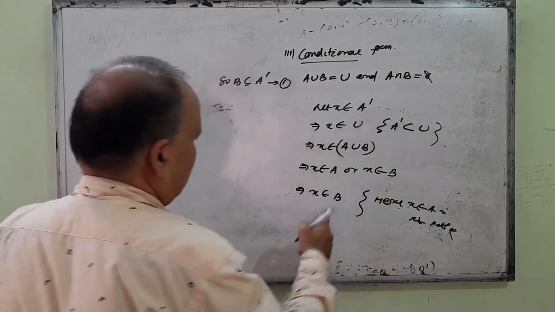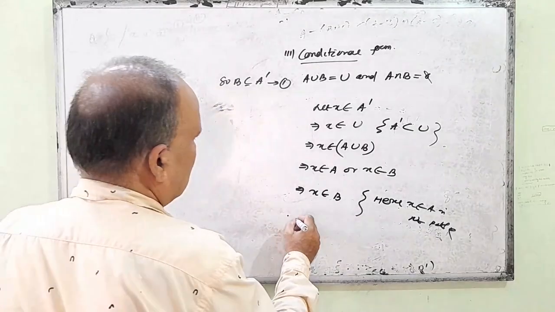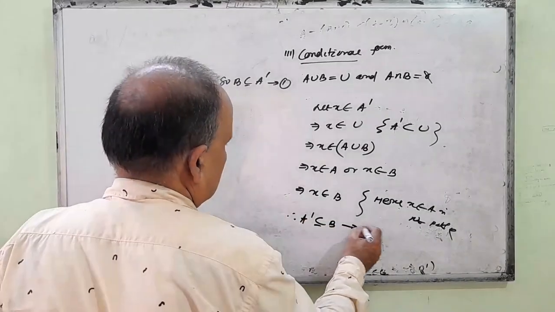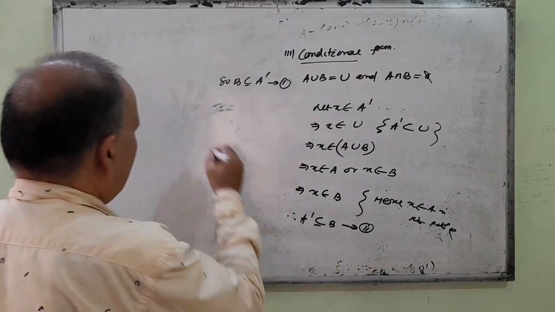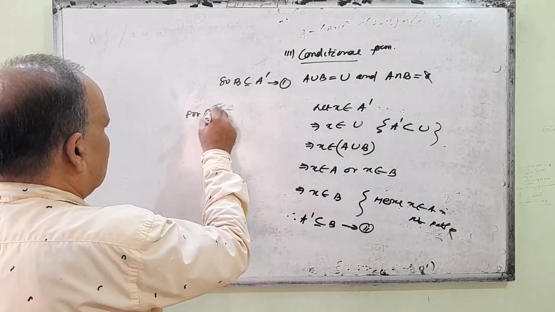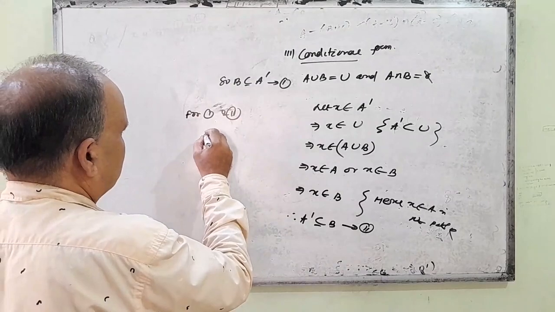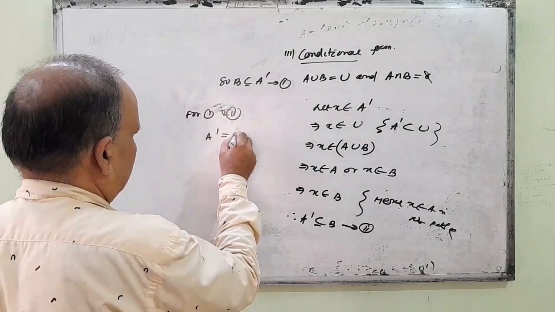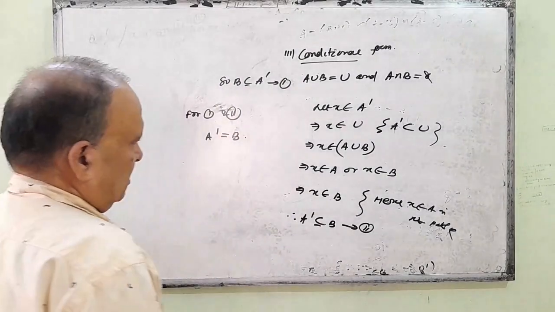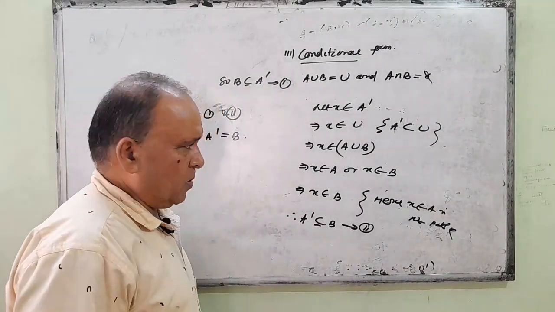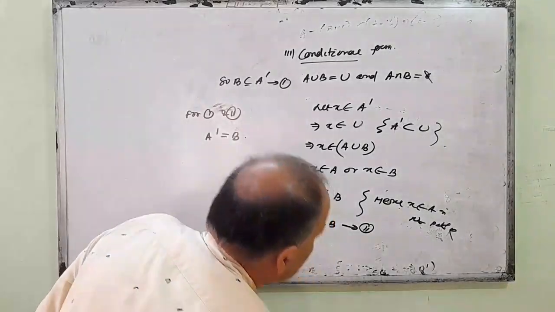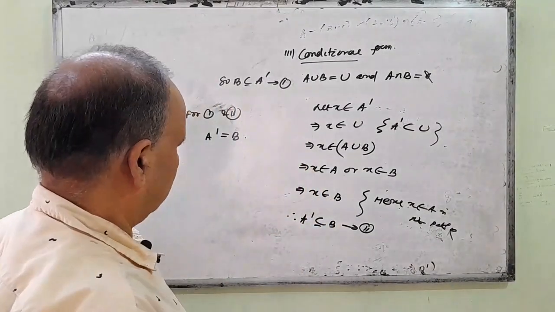So x belongs to A dash means x belongs to B. So A dash is a subset of B. From 1 and 2, we can write A dash is equal to B. This is the third type of proof, where the conditions are given and using the conditions you have to prove the result.